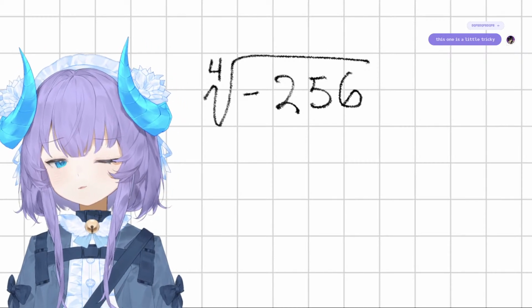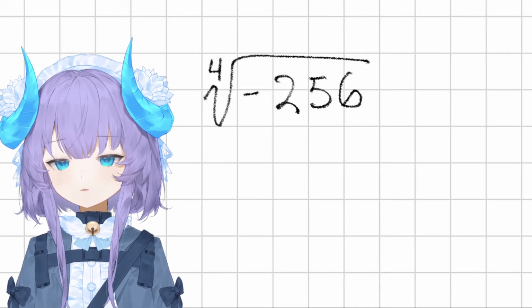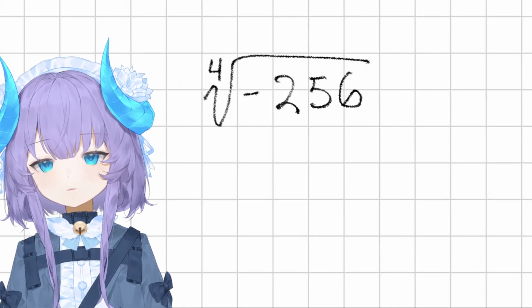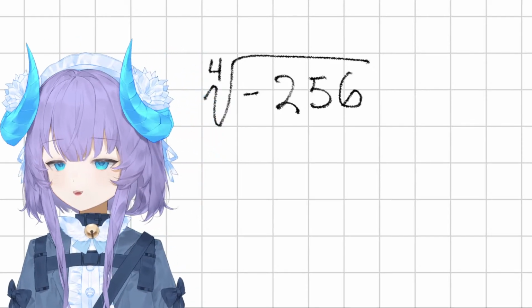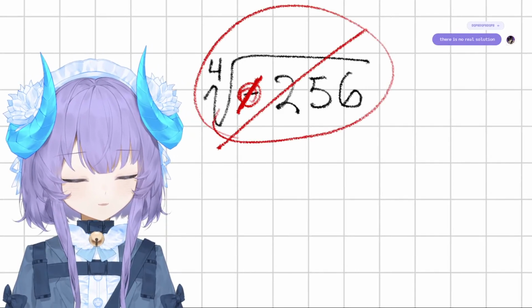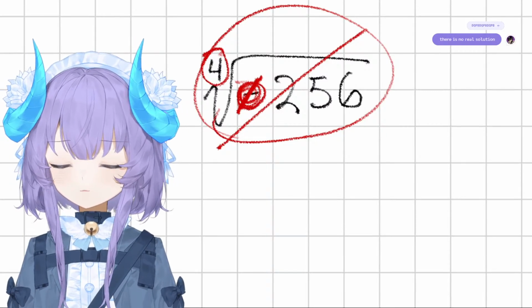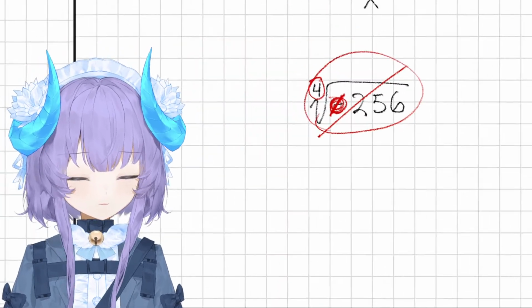We're doing the opposite of an exponent. Wait. Can this be done? Because it's not a real number. The root is not a real number. It can't happen because the root is even and a negative can't exist under an even root. Smart cookie am I, aren't I? I deserve all the treats. Thank you very much.